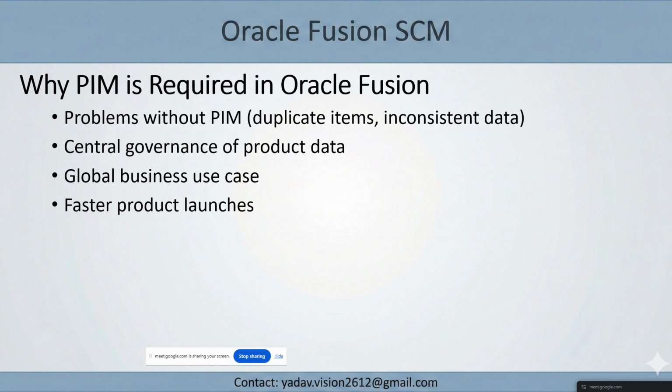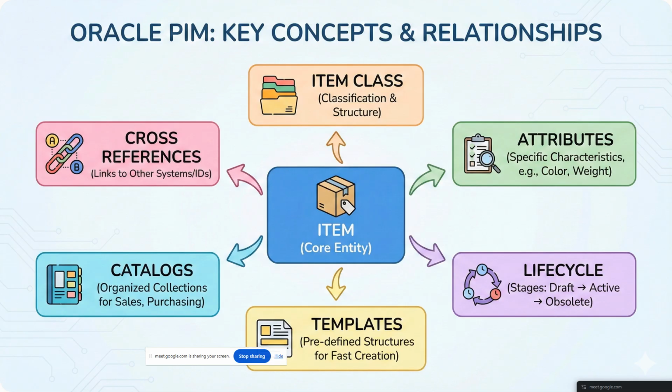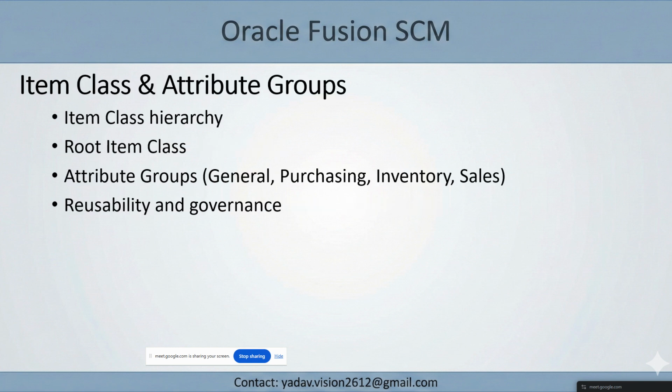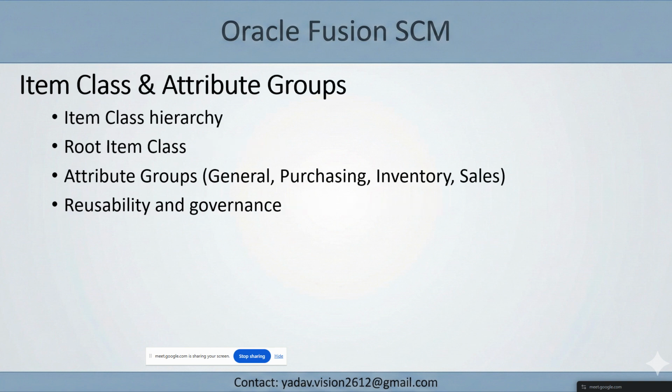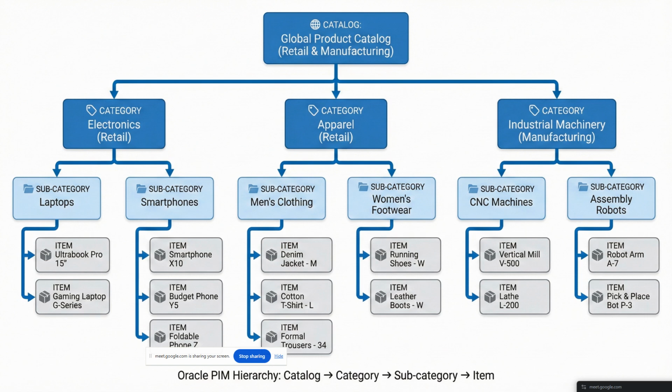It will avoid duplicates and maintain consistent data. The key concepts of items in the PIM module include stockable and non-stockable items, how we maintain item numbers and descriptions, what an item class is, and what item groups are, where we saw a classic example.